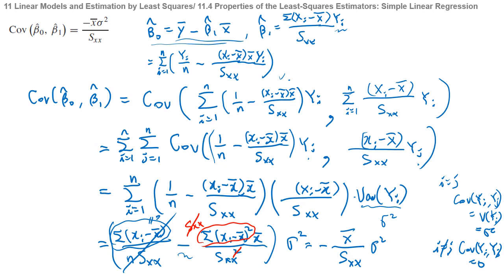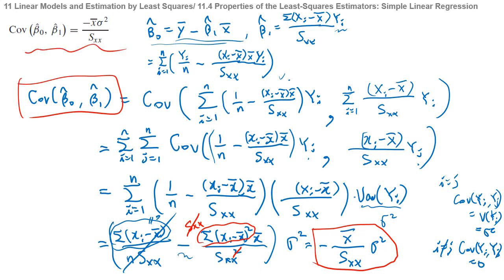Okay, so we proved that the covariance of beta 0 hat and beta 1 hat is this.